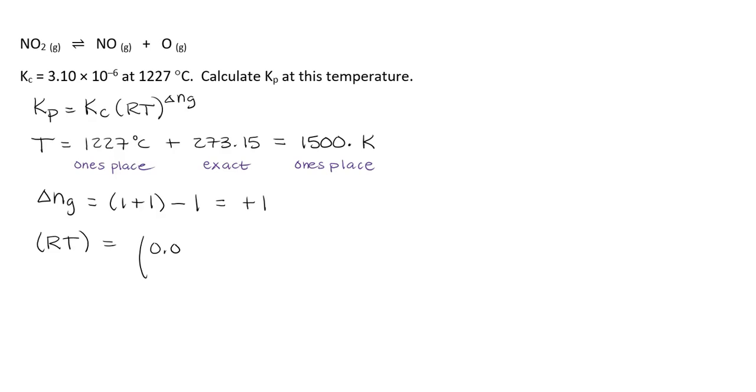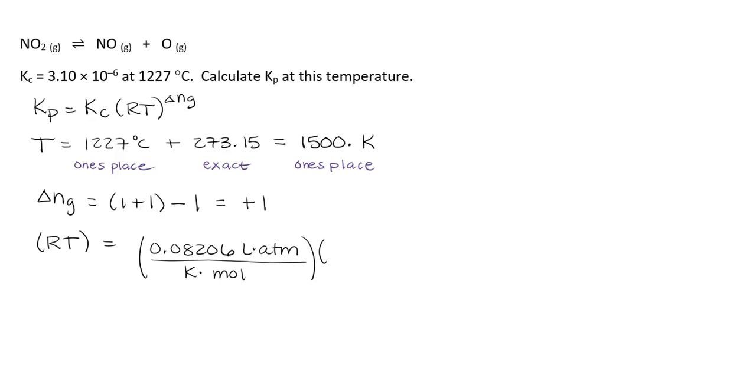R is 0.08206 liters atmospheres per Kelvin mole. I do like to include the units here because, as I mentioned in the introduction, it reminds me that my temperature needs to be in Kelvin. I can cancel those units and then basically ignore the rest of them.